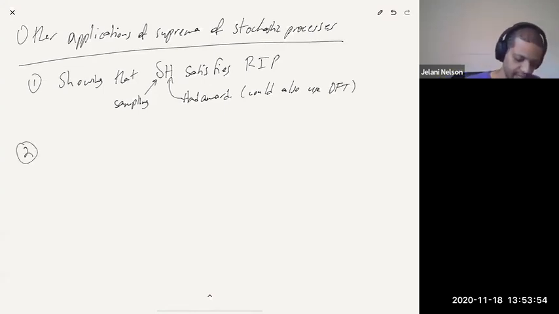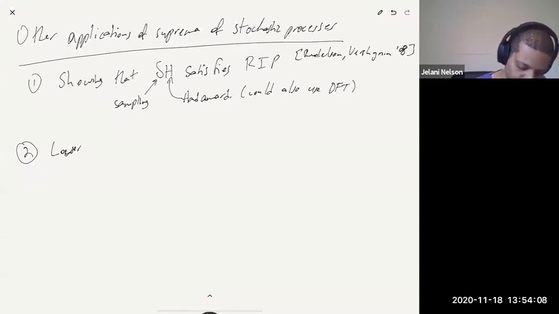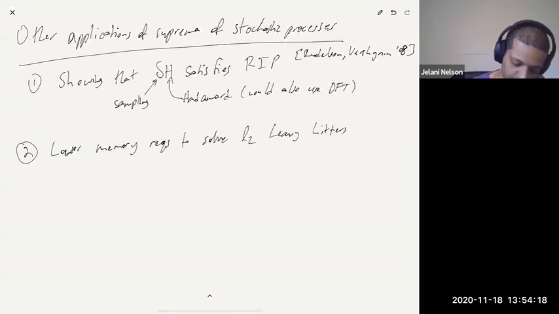Two is getting lower memory requirements to solve L2 heavy hitters in insertion only streams.